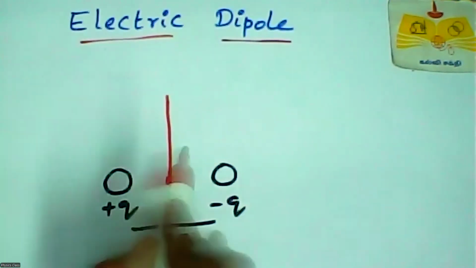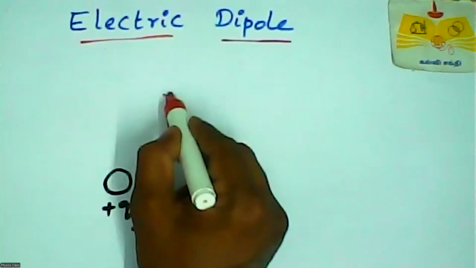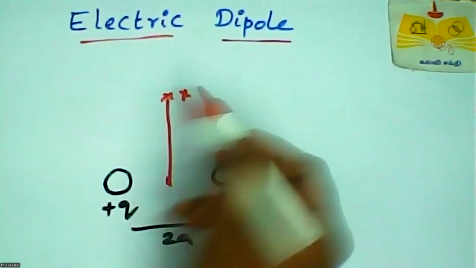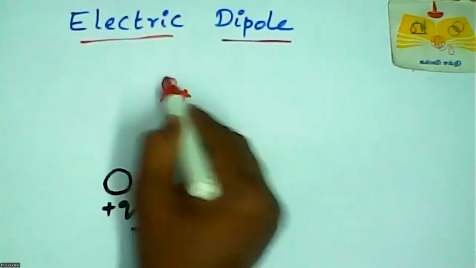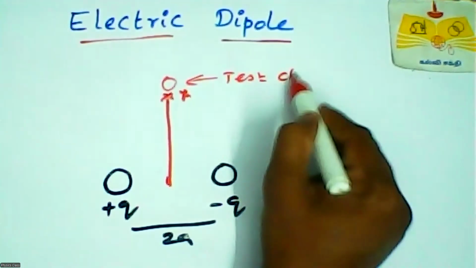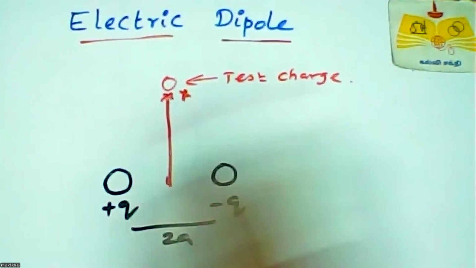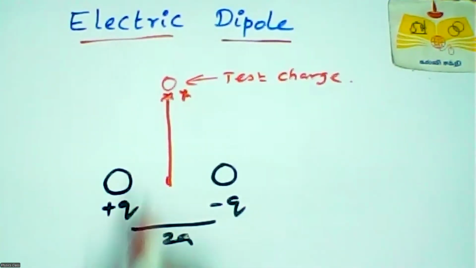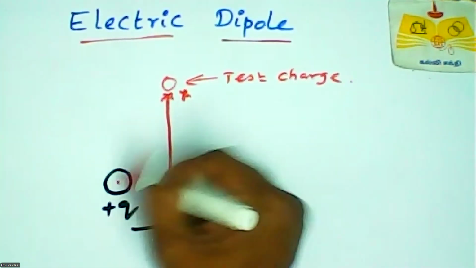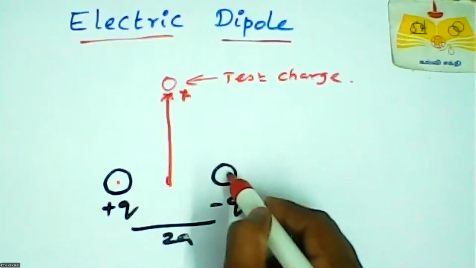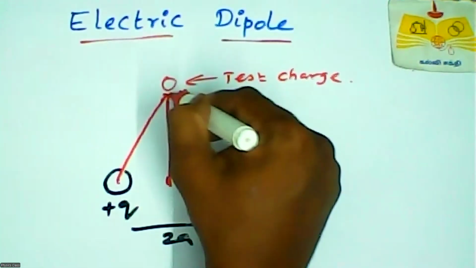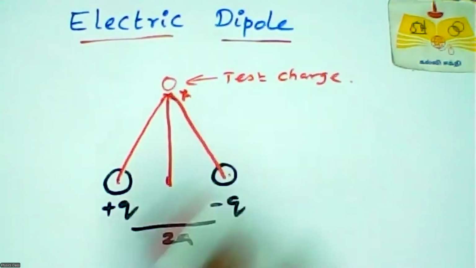In that case, we can choose a point, for example X, and we can put a test charge here. So from this position to this charge and from this position to this charge, always the same distance. That's why equatorial line.